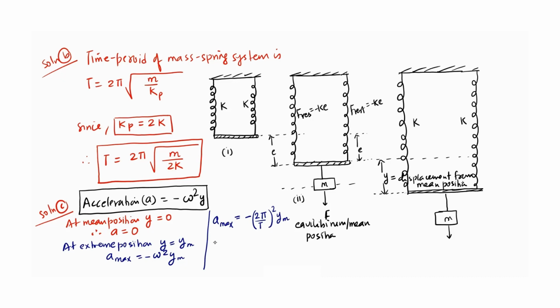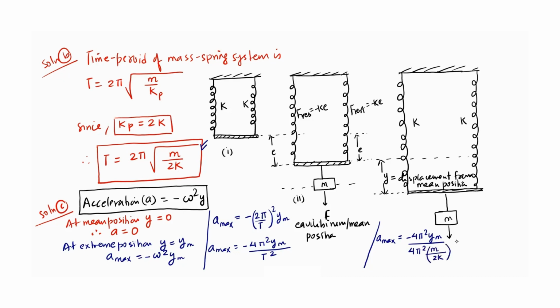Therefore, A max equals minus 4 pi square ym divided by T square, and square of the time period gives 4 pi square times m by twice k.